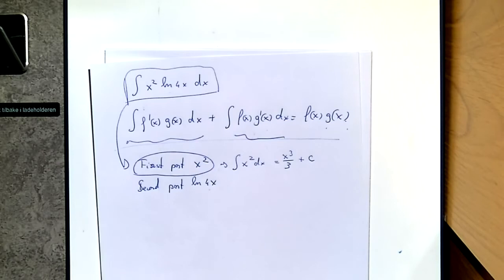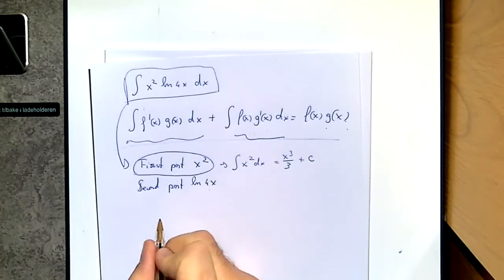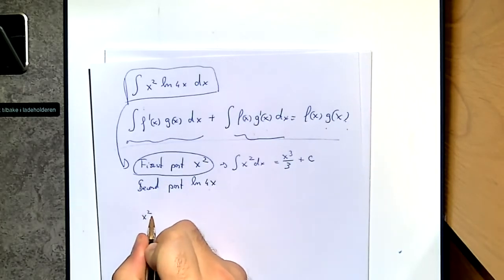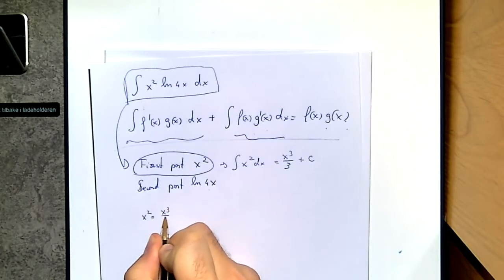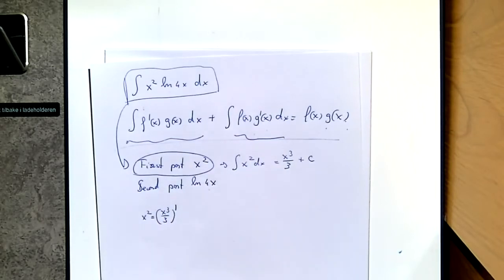Okay, now I have a derivative. I have that x squared is the derivative of x to the third over 3. I have created my derivative.